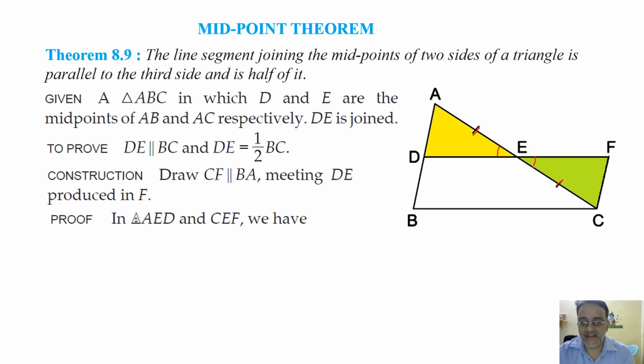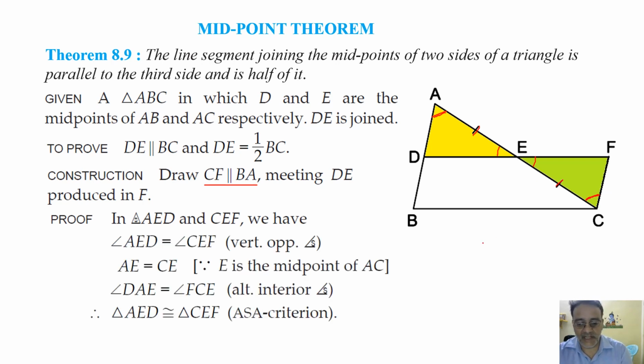Vertically opposite angles. Very good. And these two angles are equal. These two angles, alternate interior angles. Right, alternate interior angles, because we have drawn a parallel line here. Okay. So these two triangles are congruent by which criteria? Angle side angle. Right, ASA. If you write AAS by mistake, then also it is correct.